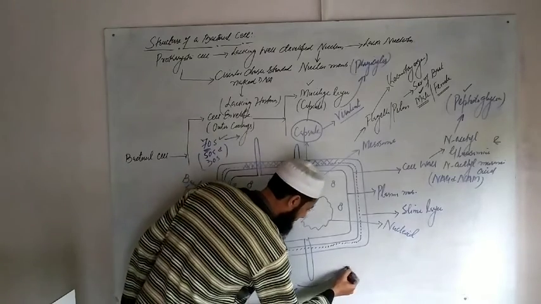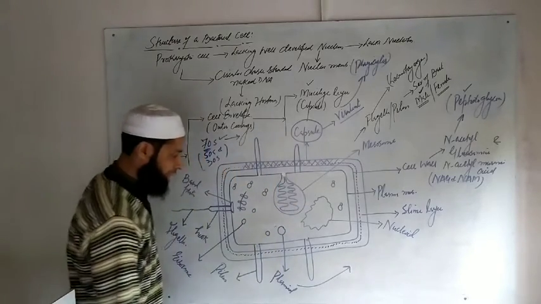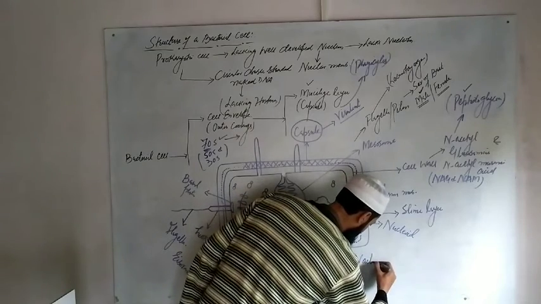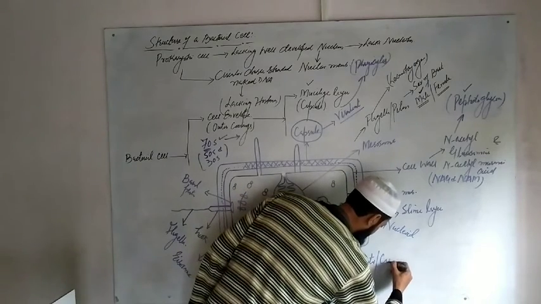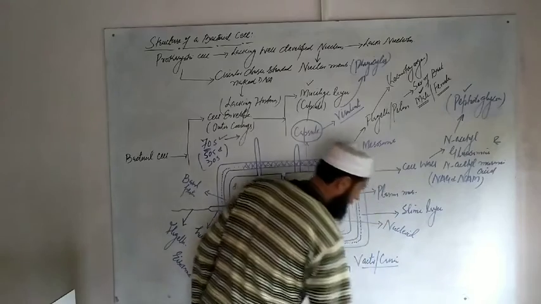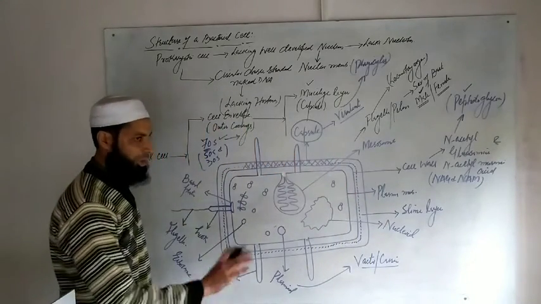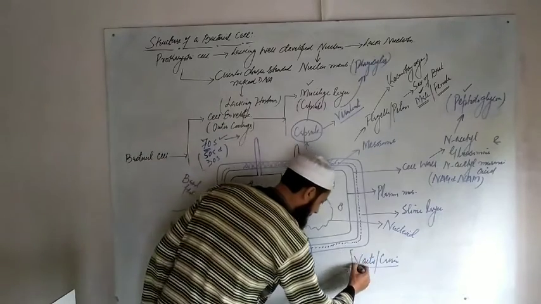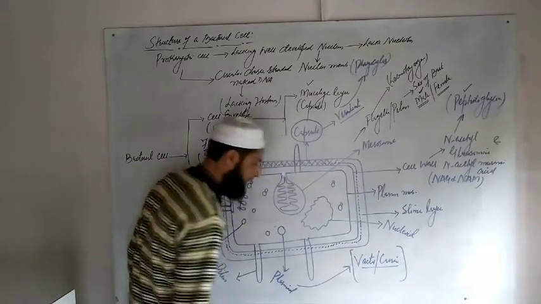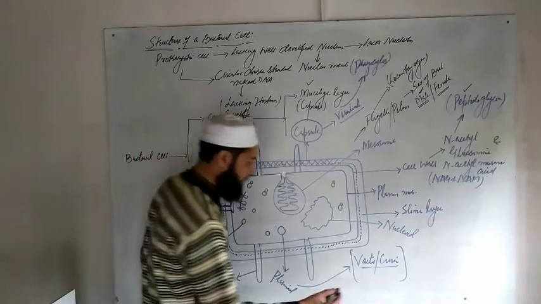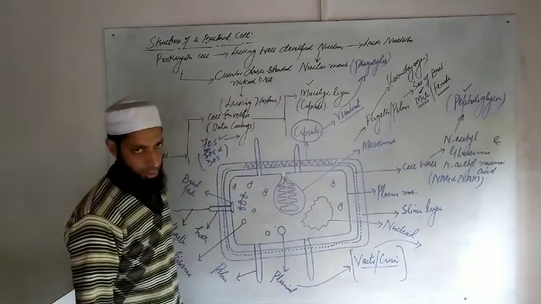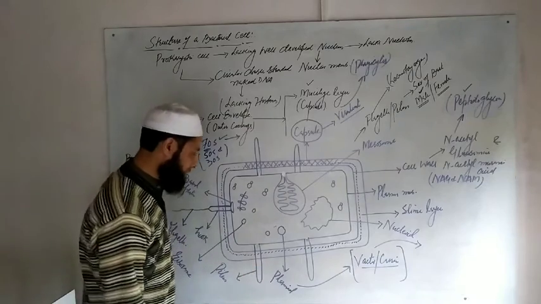This plasmid acts as a vector, a carrier for transfer of genes from one organism to another organism. That's why plasmid is also called a vector or carrier.